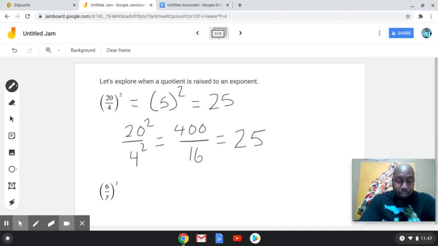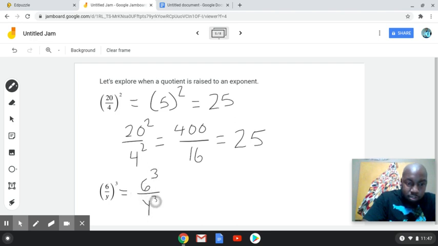Can 6 be divided by y? No, it can't because y is a variable. But they're both being raised to the power of 3. So we just distribute that power of 3 to both the 6 and the y. So this becomes 6 to the third power times y to the third power.